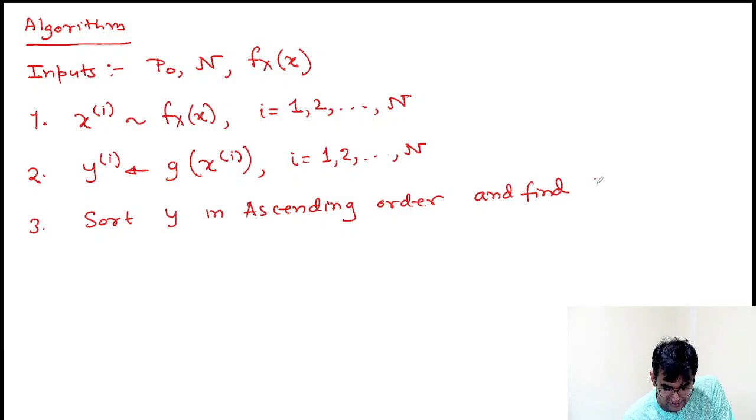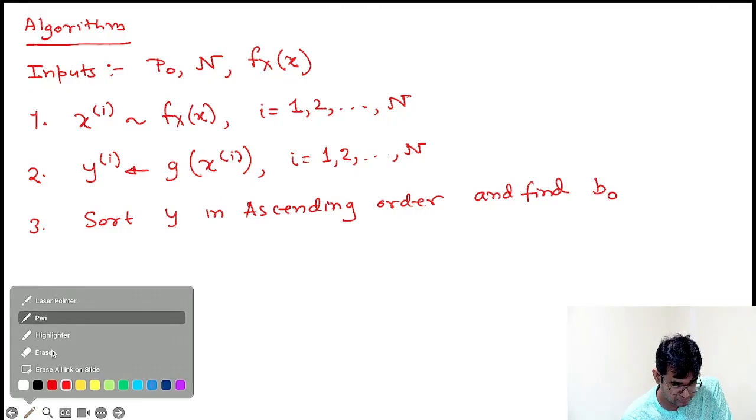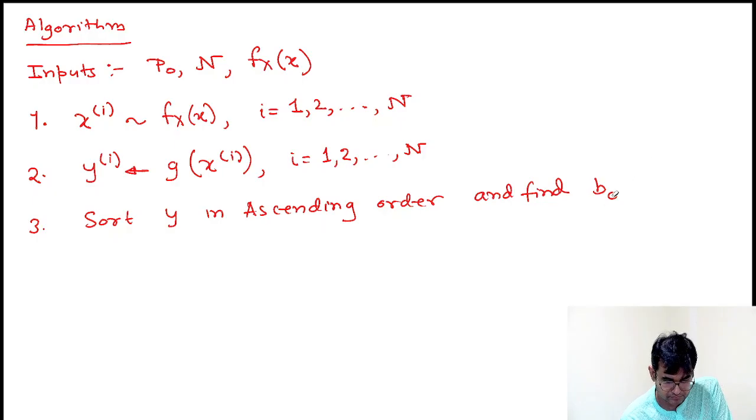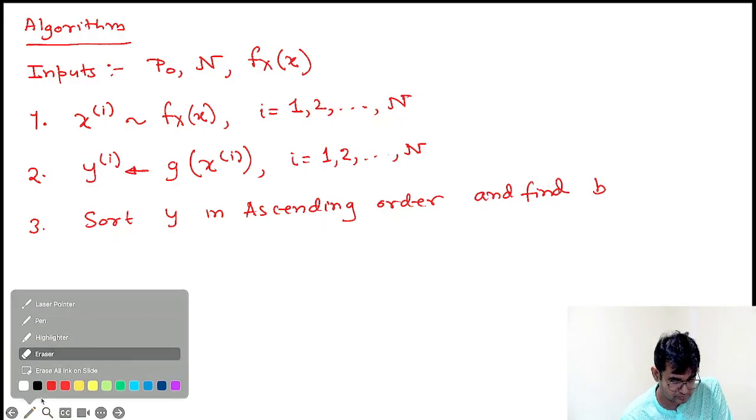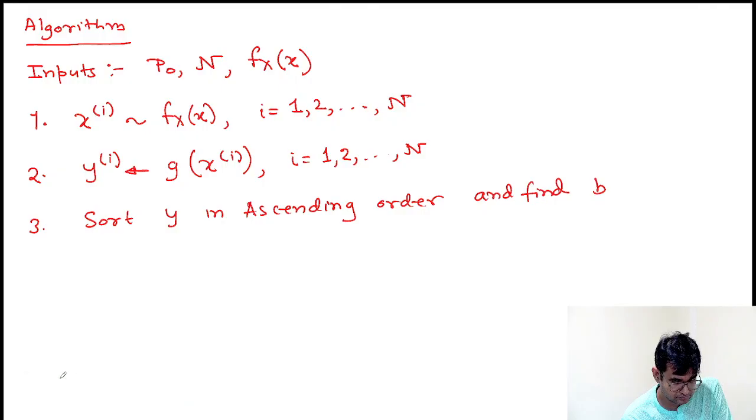Let's call it B0, or maybe B1 is better. B1, which is equal to y at P naught times n.